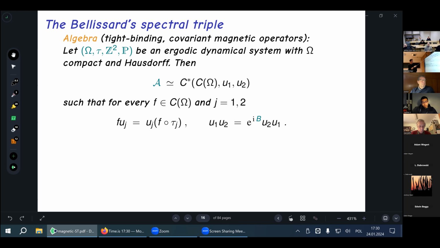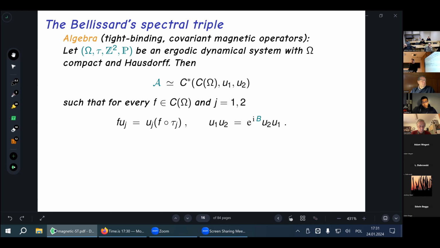Why? Because in the space Omega, I have an action of Z2, then it makes sense to speak about translation. Z2 is acting on Omega by translation in two directions. So tau is the action of Z2 on Omega, and because of that, this is an ergodic dynamical system.